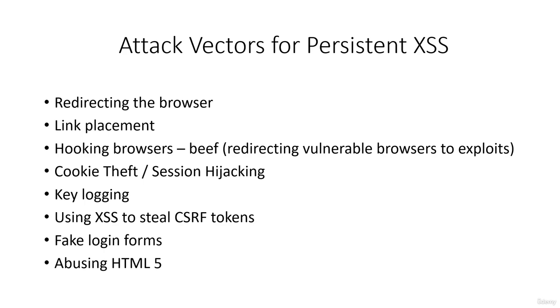For example: redirecting the browser, link placement, hooking the browser, meaning redirecting the vulnerable browser to exploits, cookie theft or the common session hijacking, key logging, using XSS to steal CSRF tokens, fake login forms, and finally abusing HTML5.